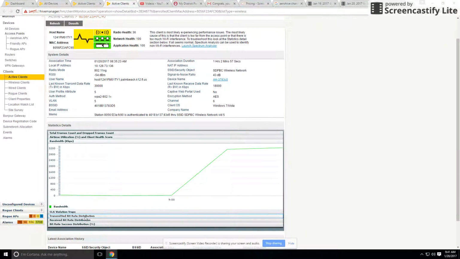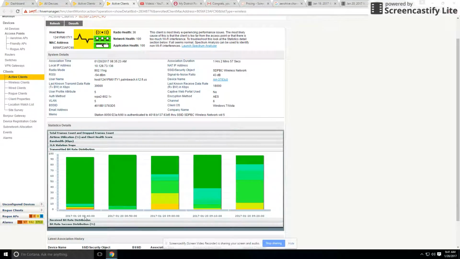And we can look at a transmitted bitrate distribution, which is from the access point towards the client. That generally looks quite healthy, except when you consider that most of the bandwidth was occurring from 910 to 920.